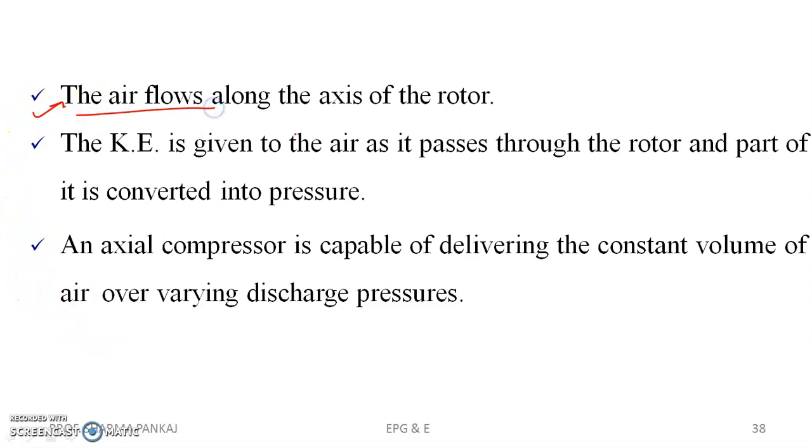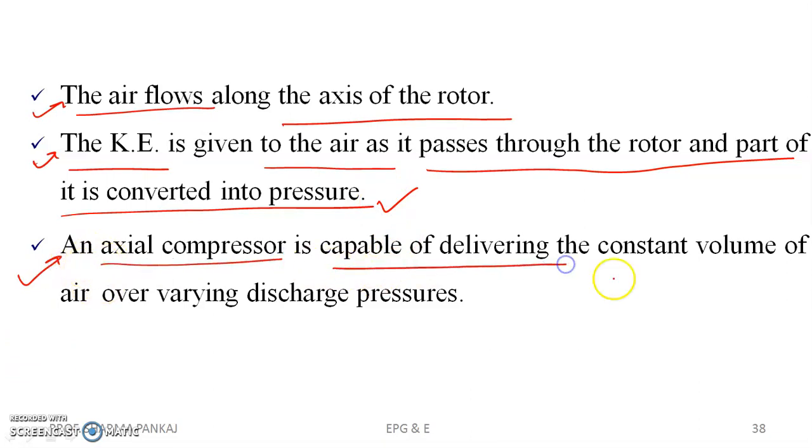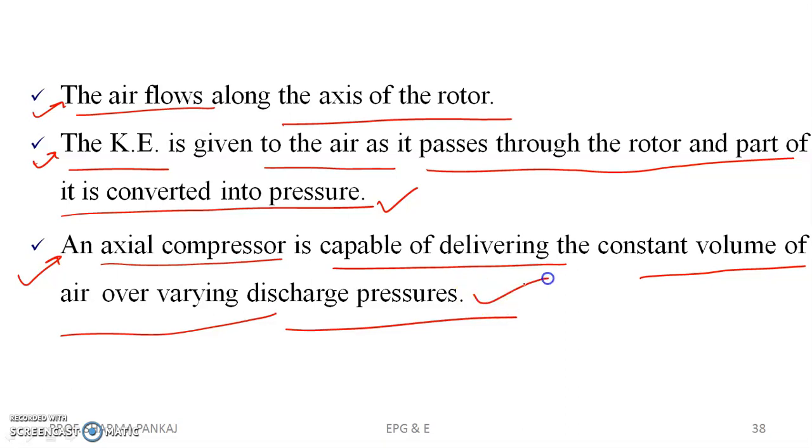The air flows along the axis of the rotor. The kinetic energy is given to the air as it passes through the rotor, and part of it is converted into pressure. An axial compressor is capable of delivering a constant volume of air over varying discharge pressures.